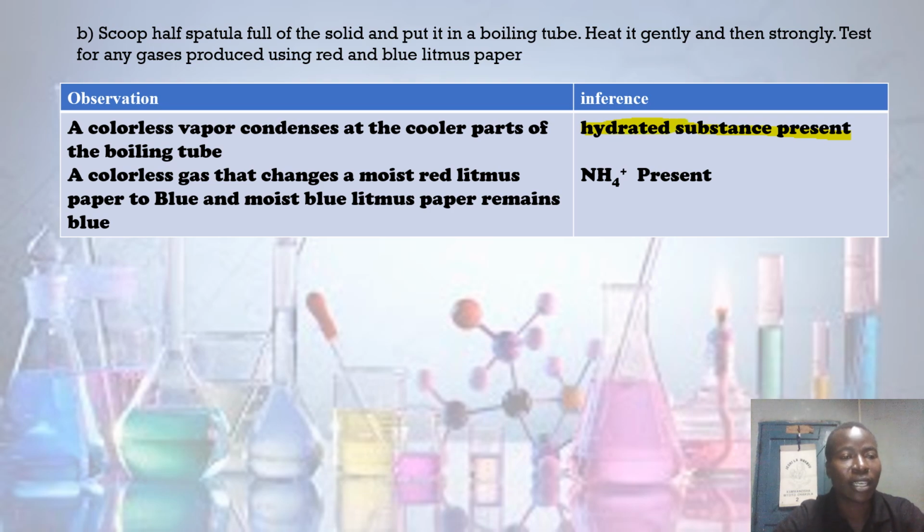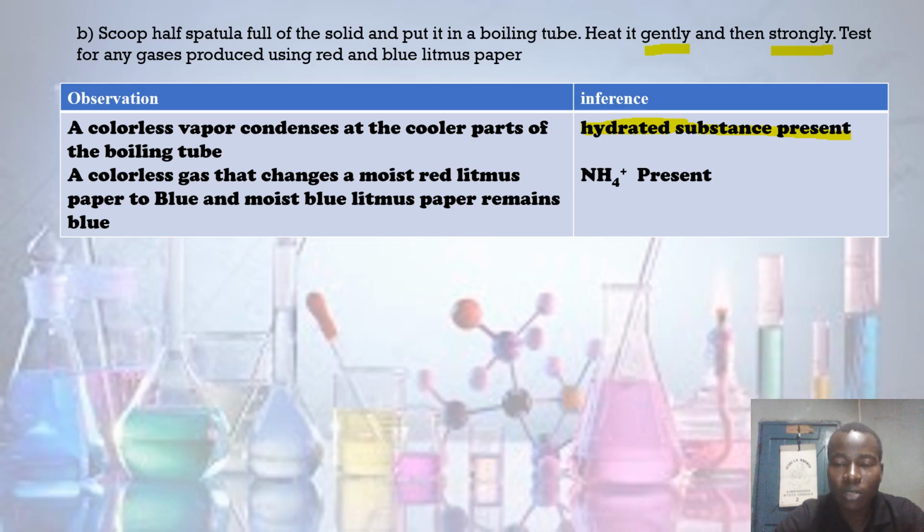And as you are carrying out that same experiment, remember you are asked to heat gently and then you heat strongly. When we heated gently, we saw a colorless vapor forming at the cooler parts, which told us the substance is hydrated.